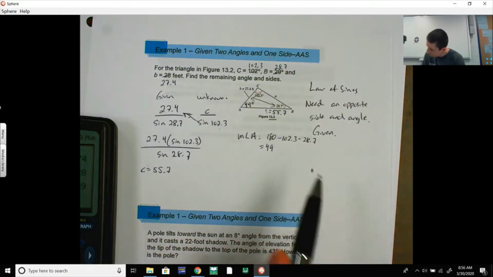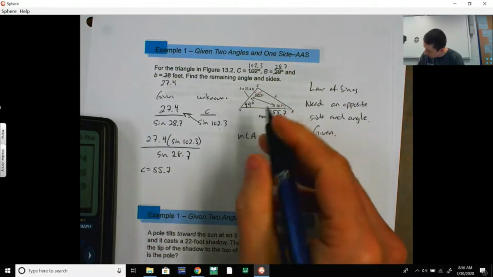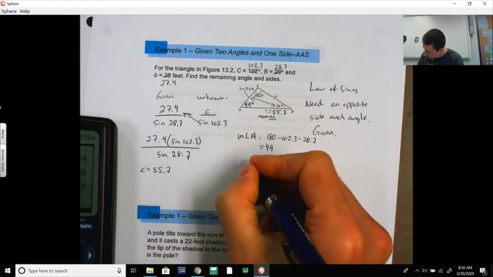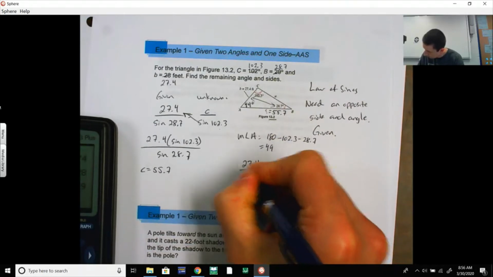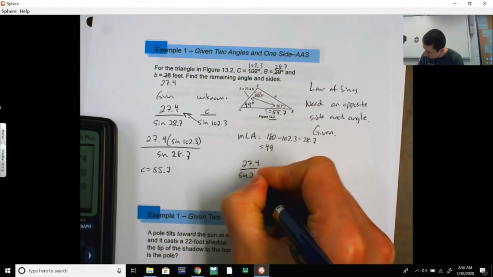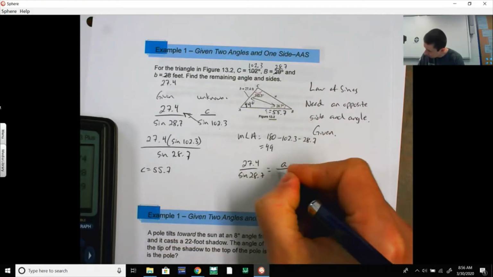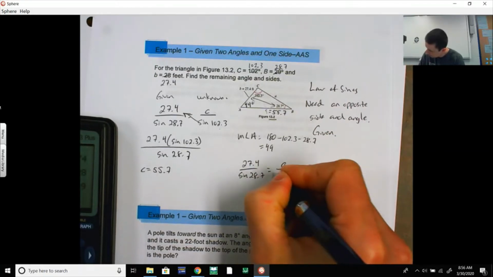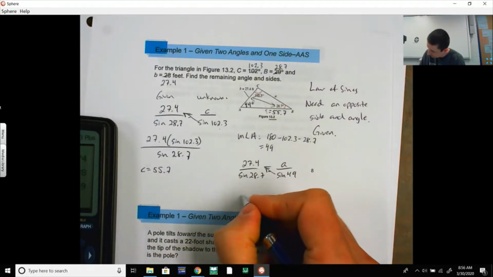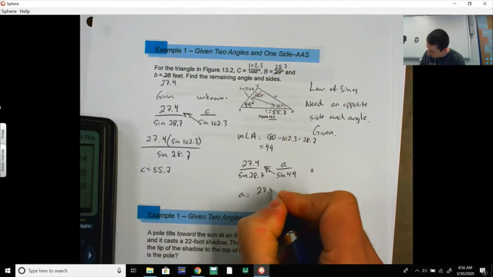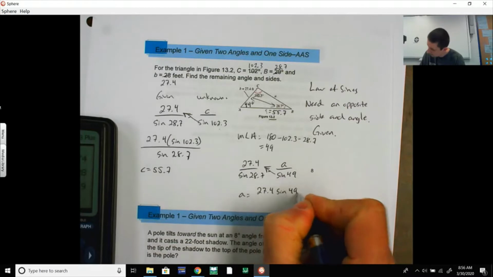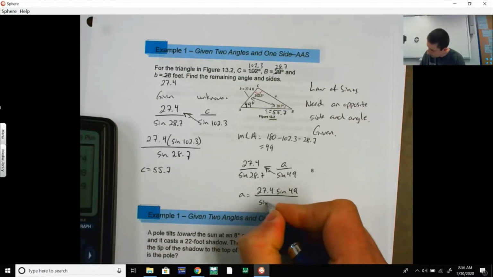So I'm going to go back to my given. 27.4 over the sine of 28.7 has to equal a over the sine of 49. Multiply that up. So a is going to equal 27.4 times the sine of 49 divided by the sine of 28.7.